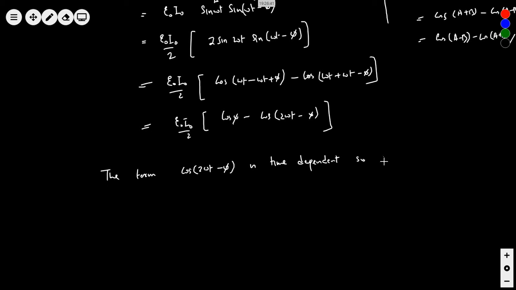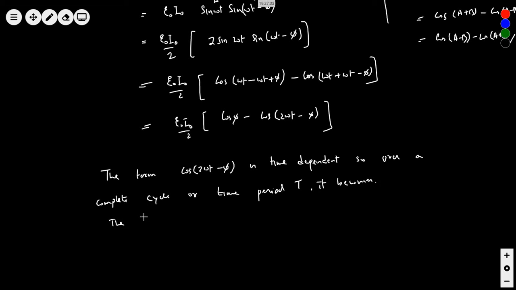So over one complete cycle, or time period T, it becomes 0.